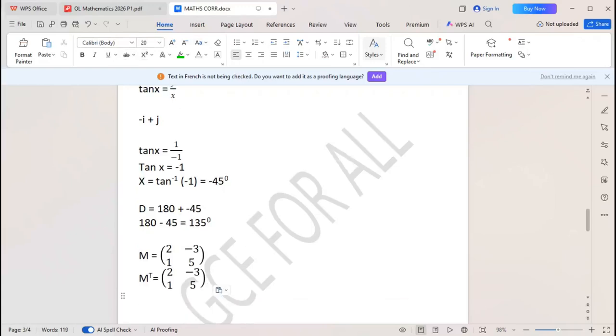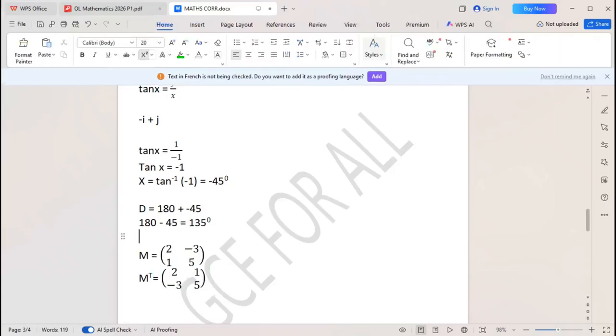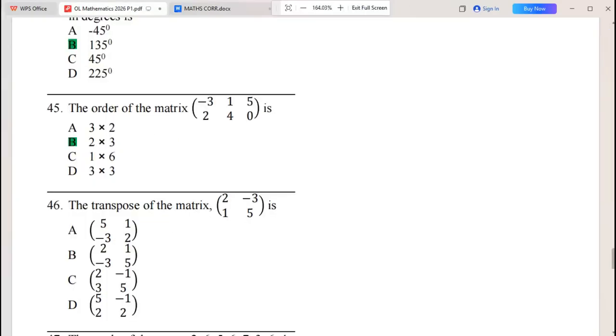So this row 2, 1 becomes a column 2, 1 this way. And the column minus 3, 5 becomes a row minus 3, 5. This is the transpose. So we have our option as B for question 46.